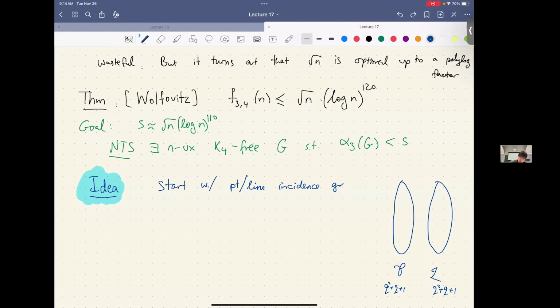We first do a sparsification on the line side. Let's zoom into a subset L prime of lines. We sample with probability roughly 1 over q up to polylog factor.